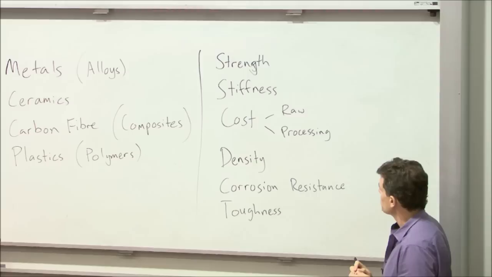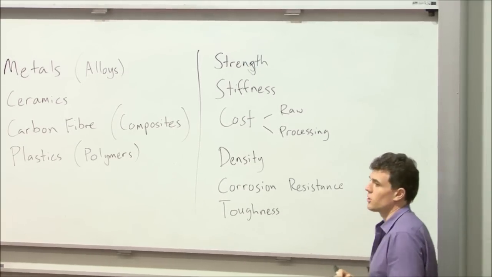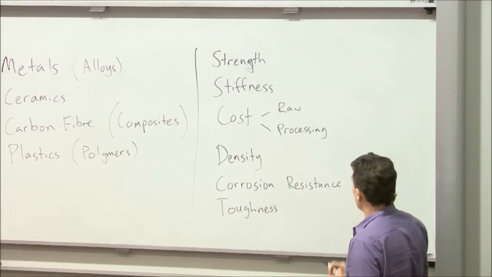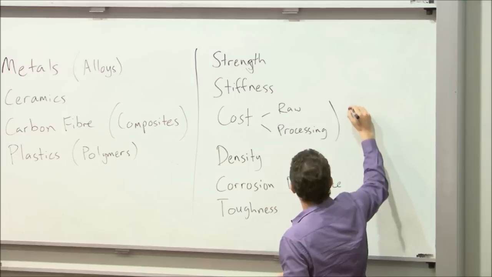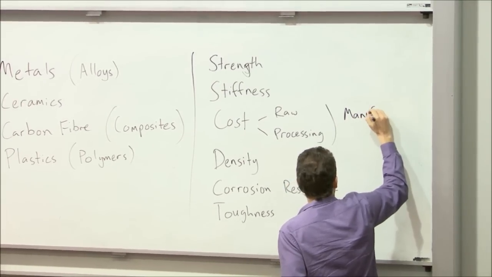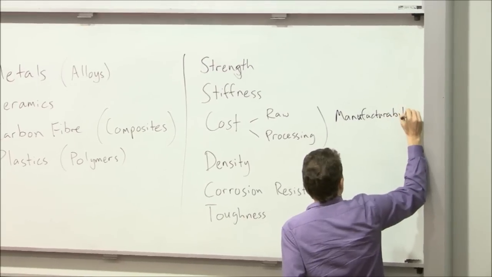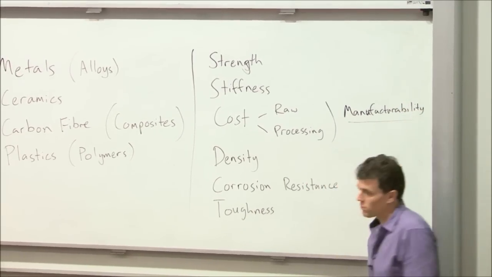Okay. There are also some other things which are indirectly related to engineering materials, and they probably come into cost as well. Manufacturability. Sorry about my small and horrible handwriting.